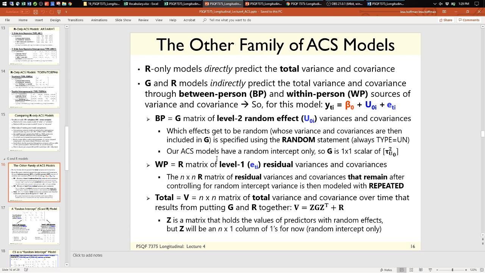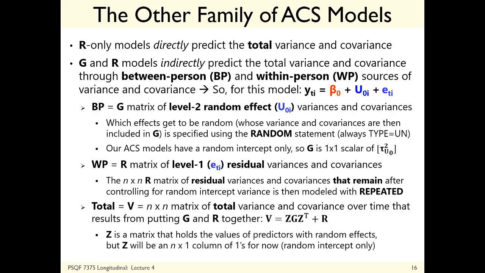So the models that we're going to talk about then, this other family of models, picking up on slide 16 of lecture 4. These start from compound symmetry as its most restrictive version, but they expand in a different way than the previous models.